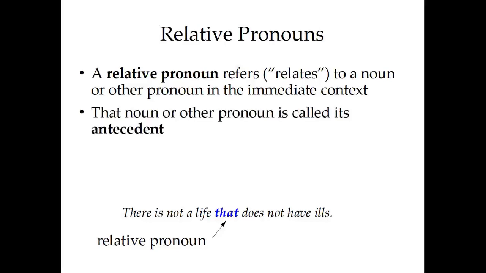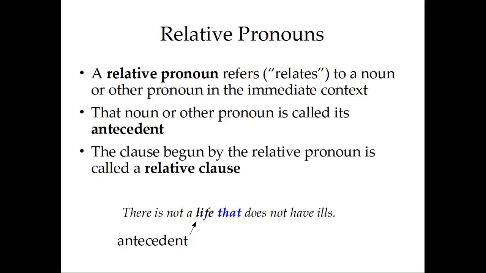That noun or other pronoun that this relative pronoun is referring back to is called its antecedent. In this case, it's life. There is not a life that we are describing or qualifying in what we're saying next, this life that we just mentioned.